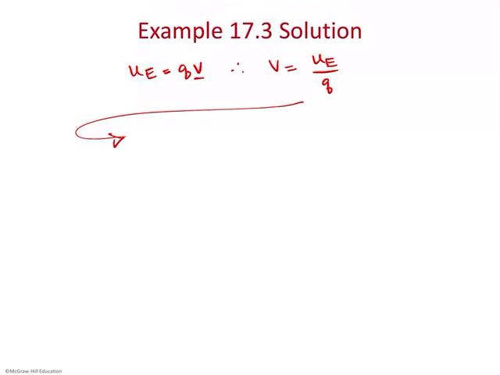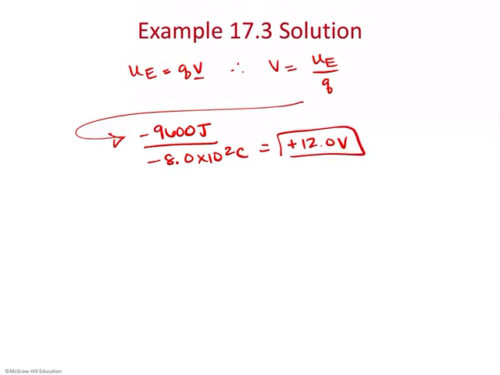All right, so the potential energy that it gave us was 9,600 joules, divided by the charge, which was -8 times 10 to the second coulombs, which gives you a voltage of 12 volts, which is your potential difference.